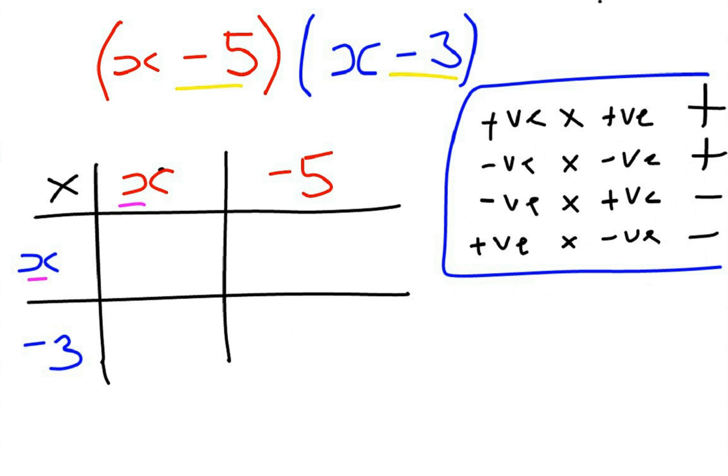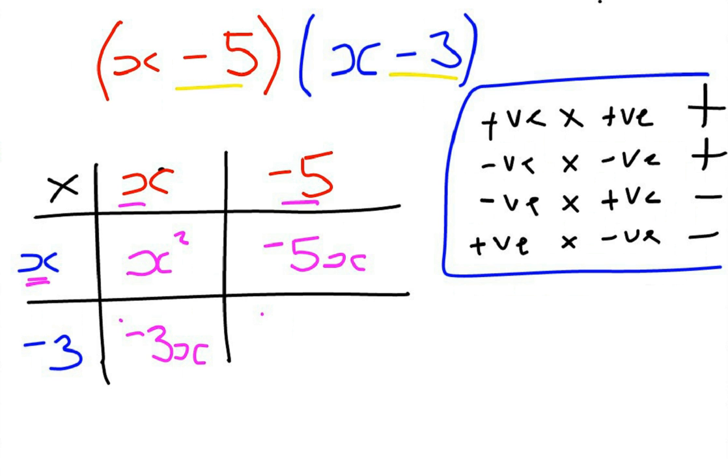We're going to do our x multiplied by our x in this box here, and that gives me x squared. In this box here, we are doing minus 5 times x. That gives me minus 5x. In this box here, we're going to do x times minus 3, which gives me minus 3x.